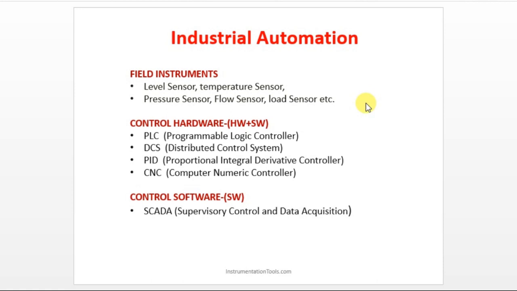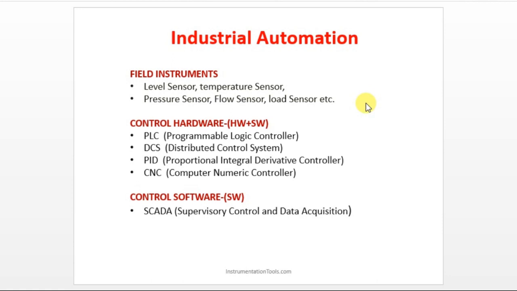And the last one is control software, which is called SCADA, Supervisory Control and Data Acquisition System, which is used to monitor what is happening in the field. It's like visual or virtual devices in the software.